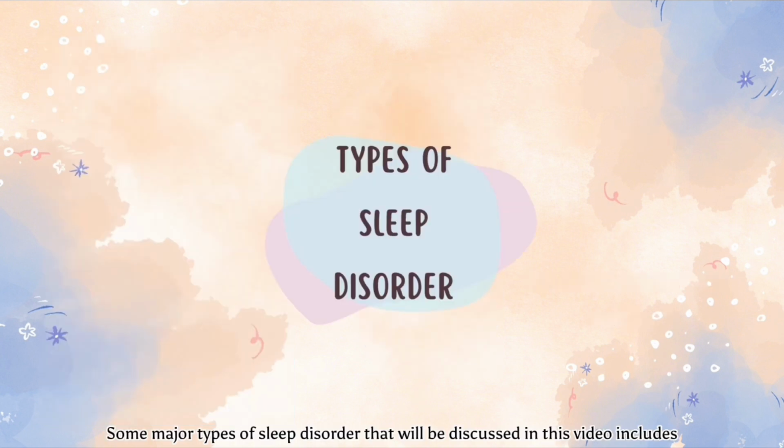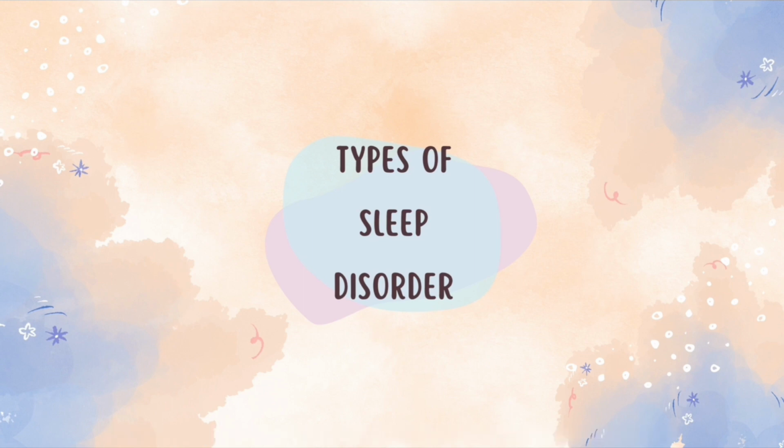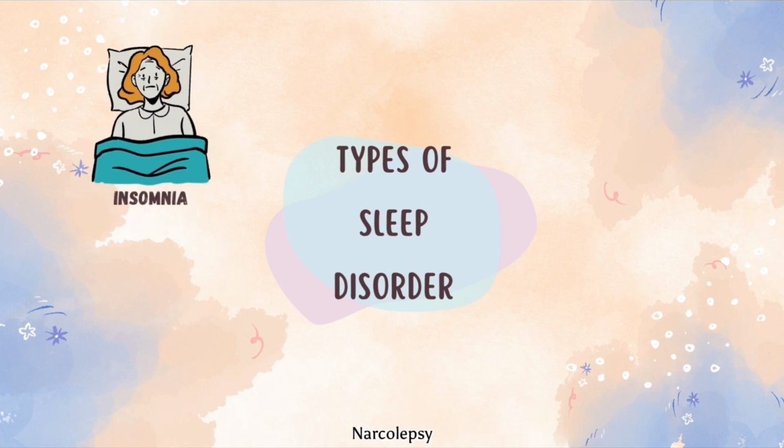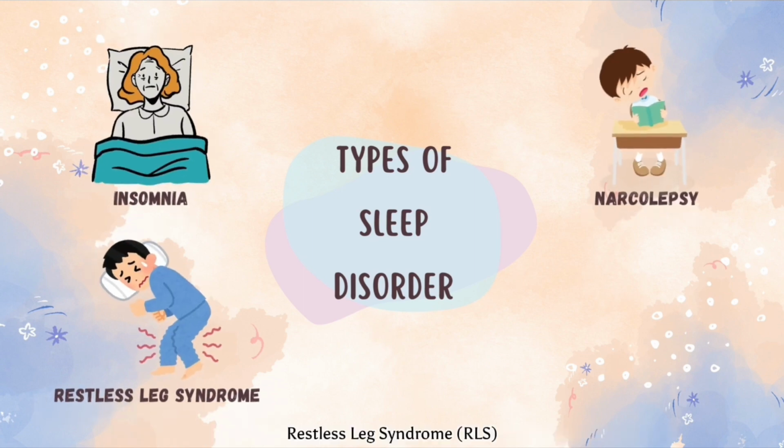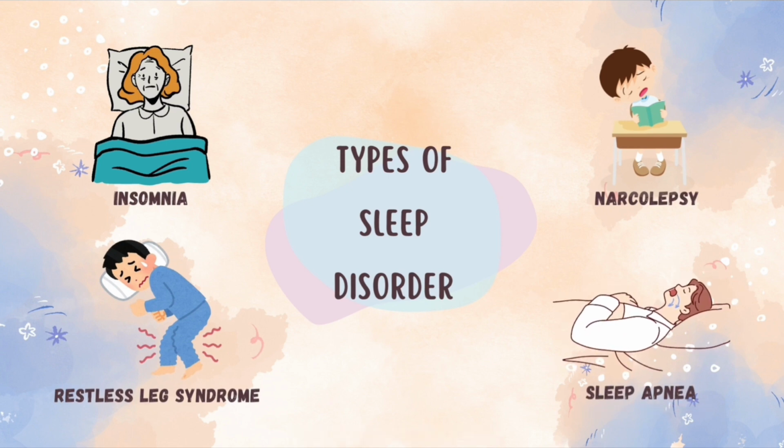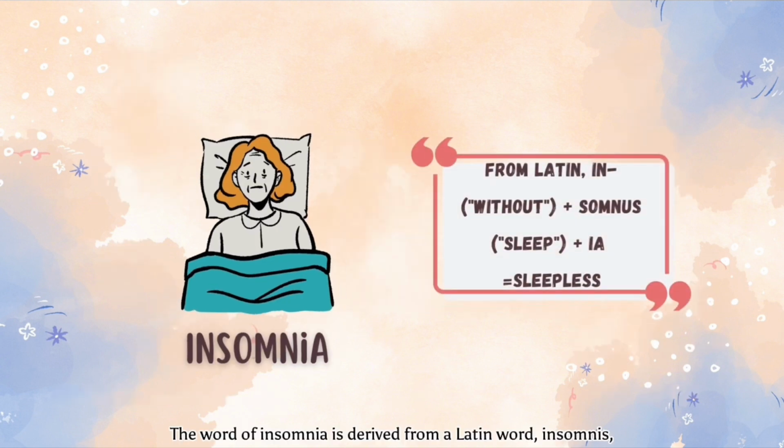Some major types of sleep disorder that will be discussed in this video include insomnia, narcolepsy, restless leg syndrome (RLS), and sleep apnea. Without further ado, let's start with insomnia. The word insomnia is derived from a Latin word, insomnis, where in means without and somnus means sleep.